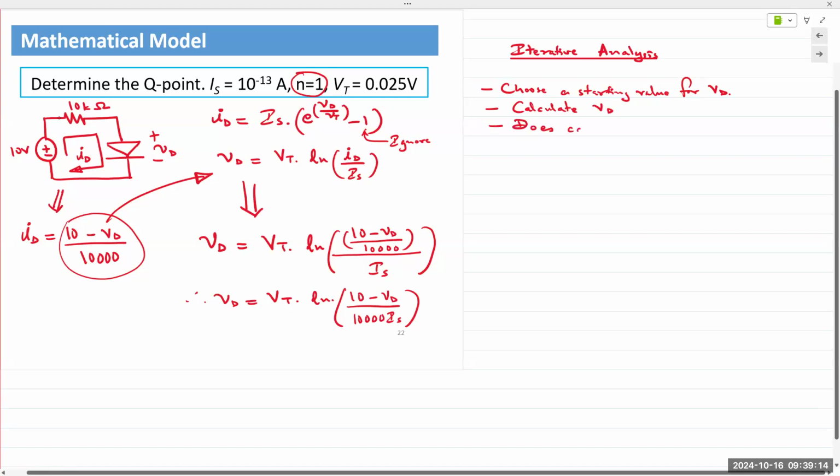Does the calculated VD match the assumption? Stop when it does match. Okay.